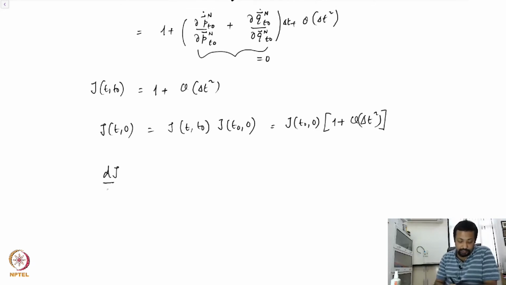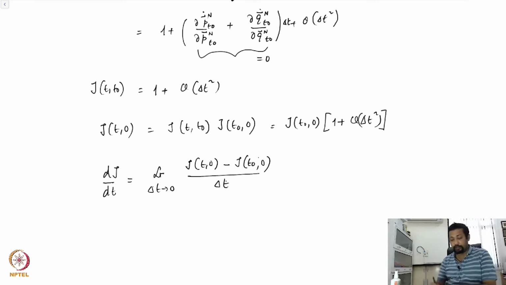So dJ dt is equal to the limit of delta t to 0 of J minus J, which is going to be 0, right?